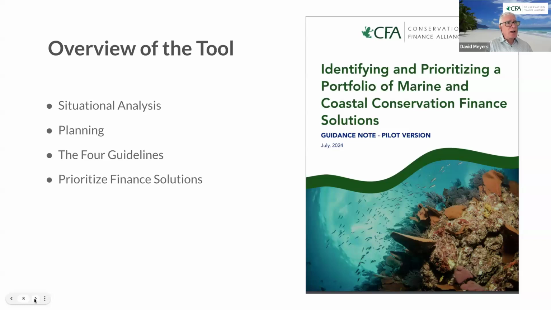Then there are four guidelines. The tool itself lists them as filters, but now, with the release of the Protected and Conserved Area Finance Guide, we're calling them guidelines. So that's how I'll refer to them in this. And then the last step is prioritizing the finance solutions.